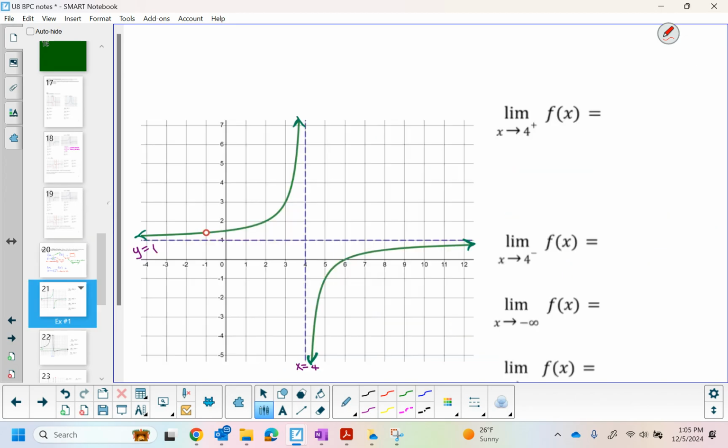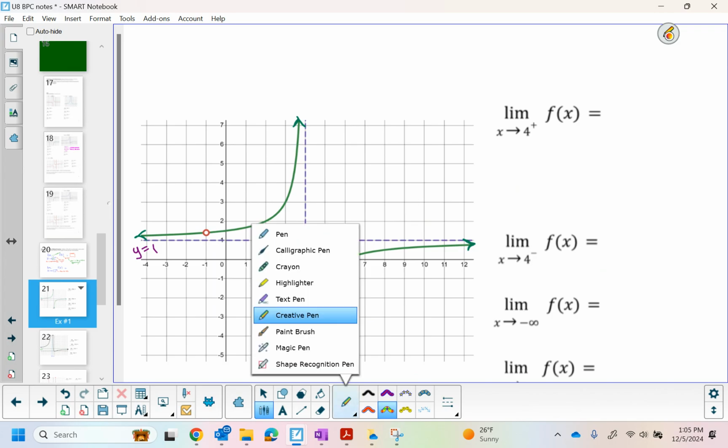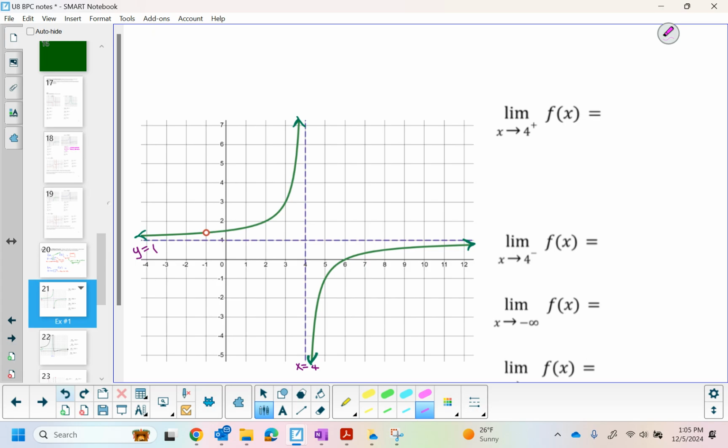So this is an example from the notes. It does have a hole in it, but I don't really care about the hole because the first thing says, what is the limit as x approaches 4? So here is where x is 4. Where x is 4, that is this vertical asymptote.